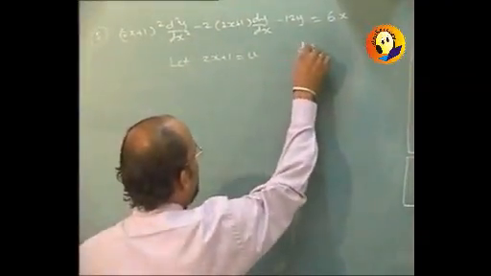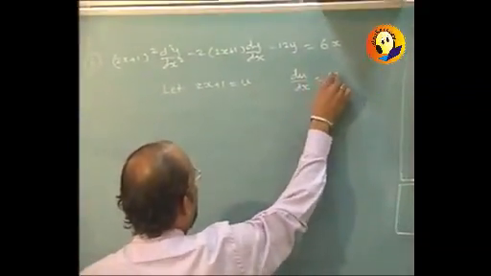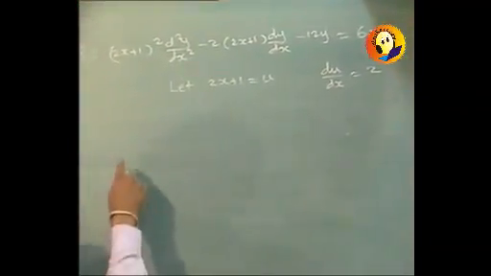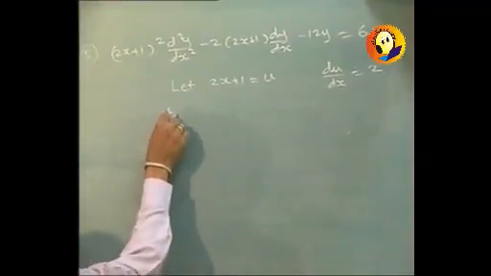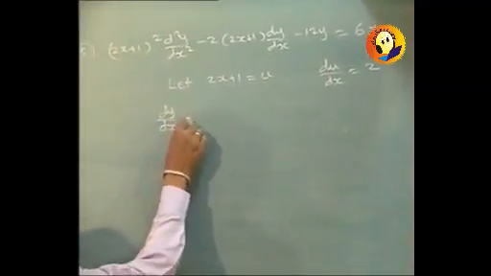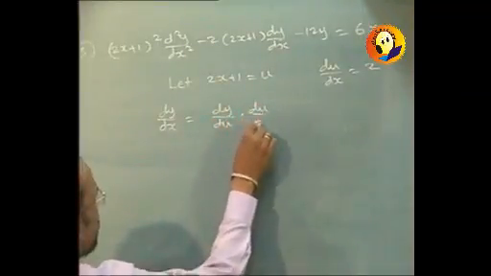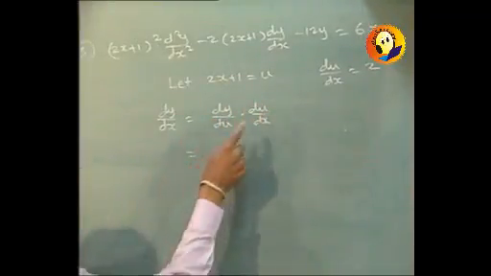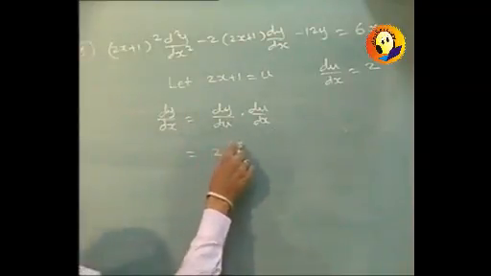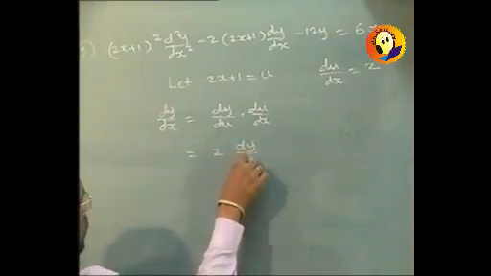If 2x plus 1 is u, then obviously du by dx will be 2. Now see that when we want to substitute for dy by dx, it will be written as dy by du into du by dx, and so du by dx is 2, so it will be 2 dy by du.